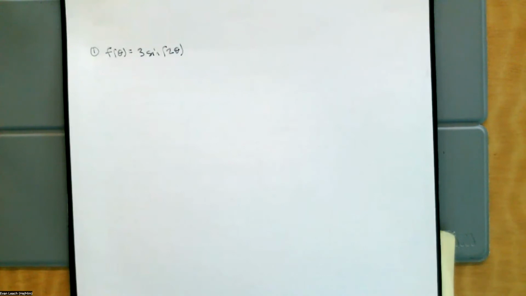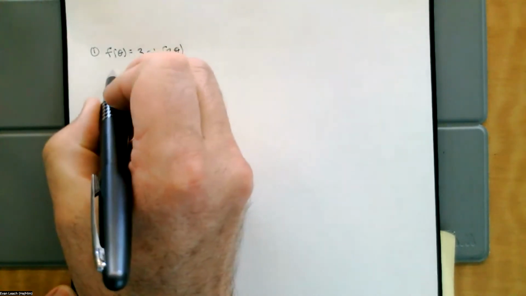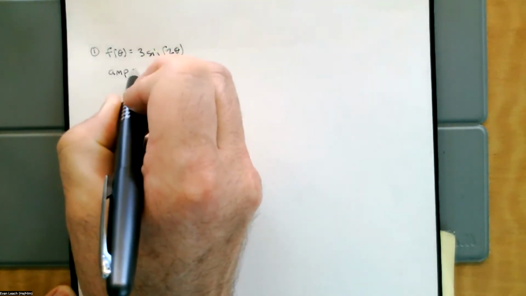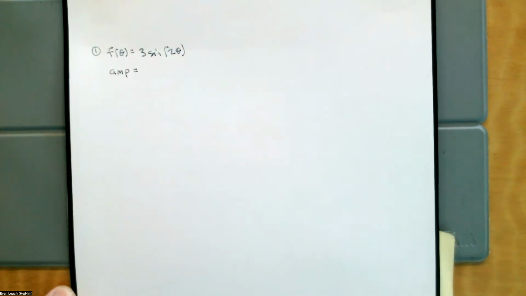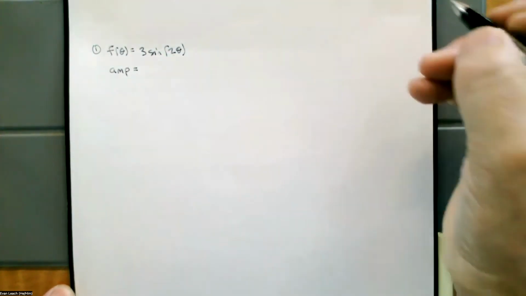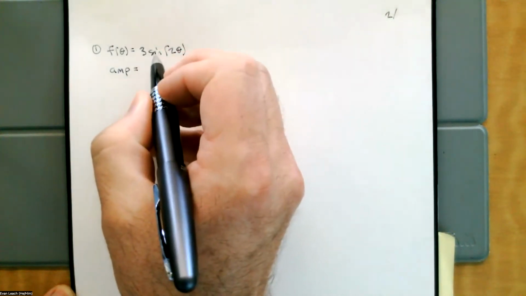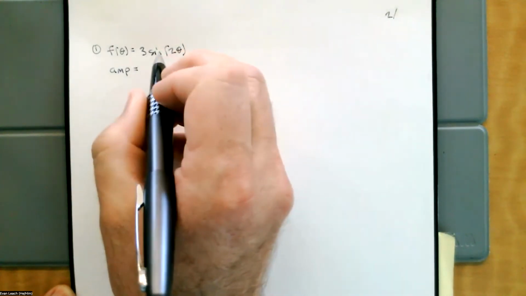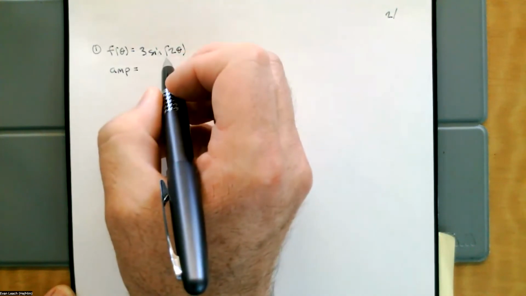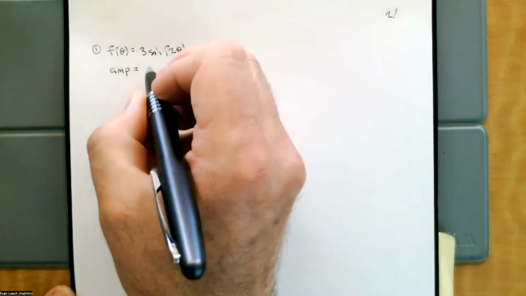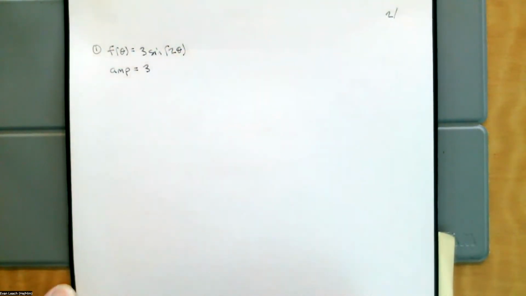So what is the amplitude of our function here? What's the amplitude? 3. Whatever number is being multiplied on the outside of the trig function, that's our amplitude.